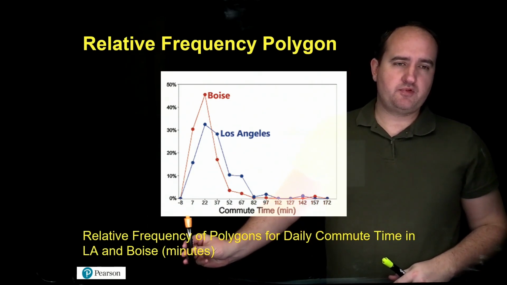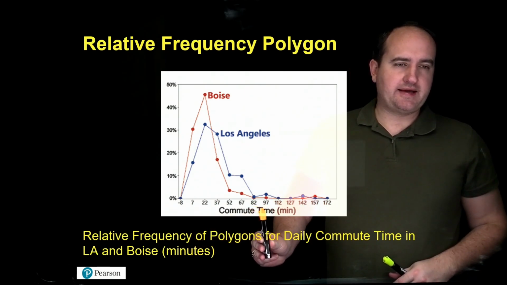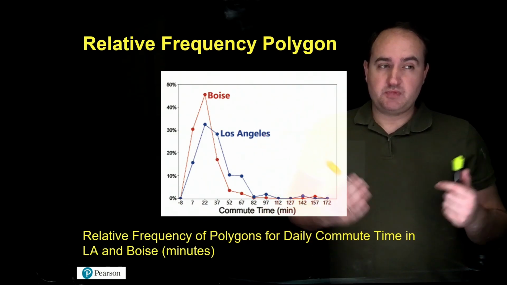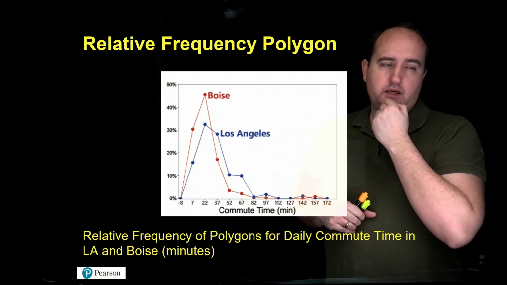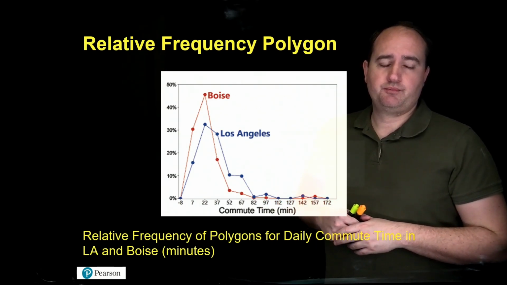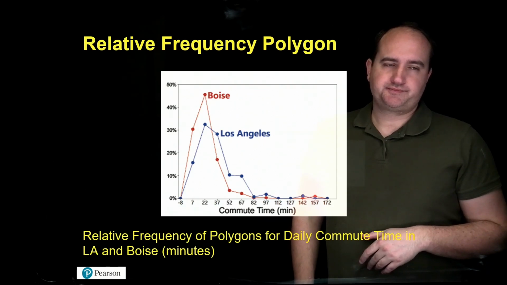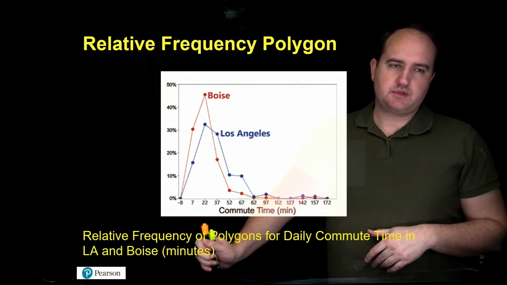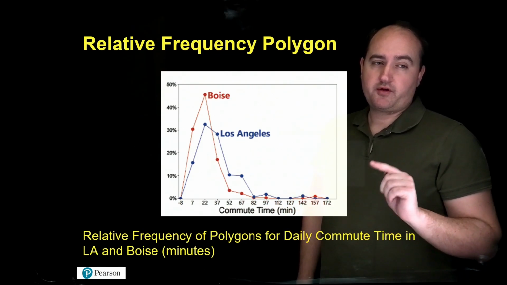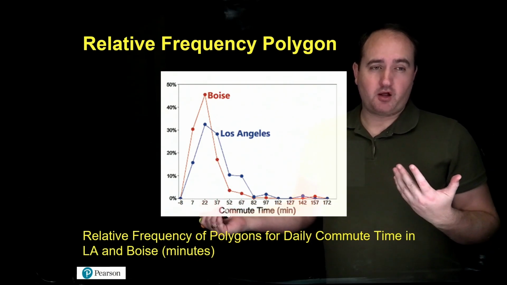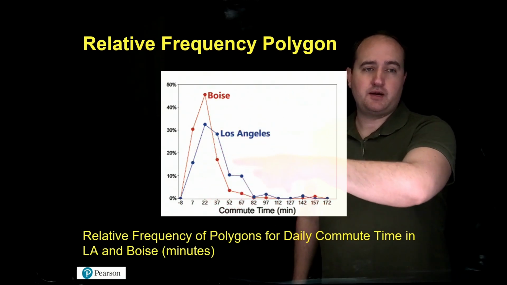So once again, just remember that these numbers on the horizontal axis are class midpoints, which we already went over how to calculate in section 2.1, part 2. Okay. But this really helps. This graph here with the two separate data sets really shows one of the great things about a relative frequency polygon, which is just in comparing data sets.